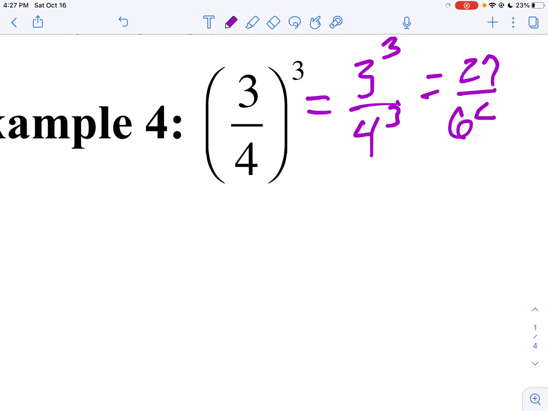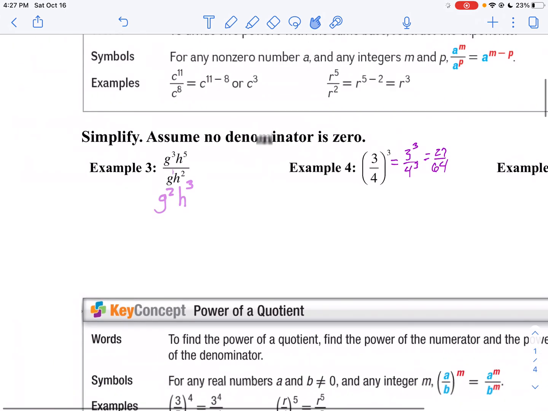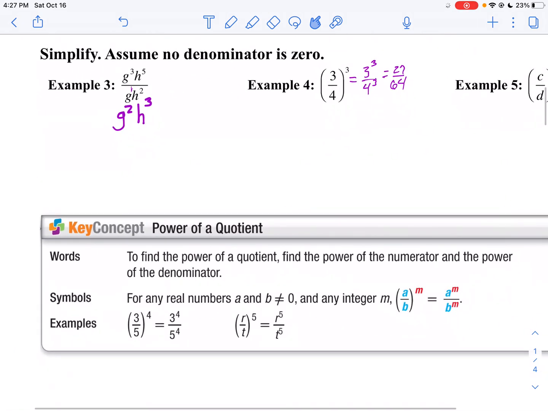If I couldn't reduce it in the parentheses, I can't reduce it after I apply the exponent, so it's 27 over 64. And we just applied the power of a quotient, by the way, is what we did here.